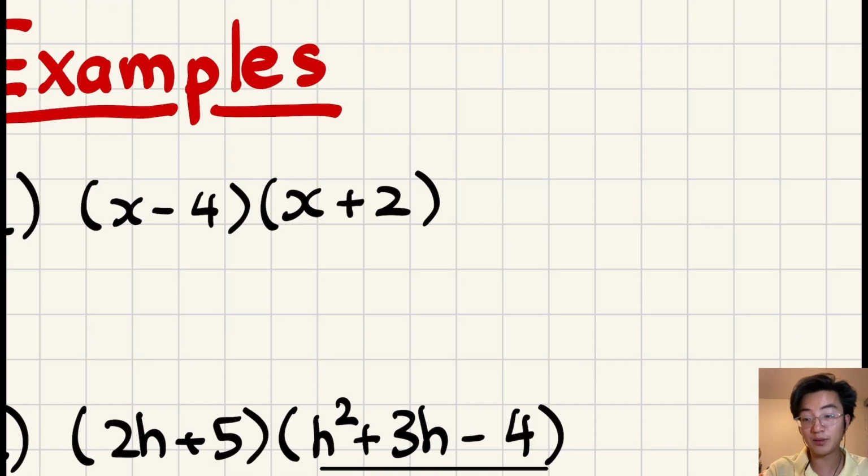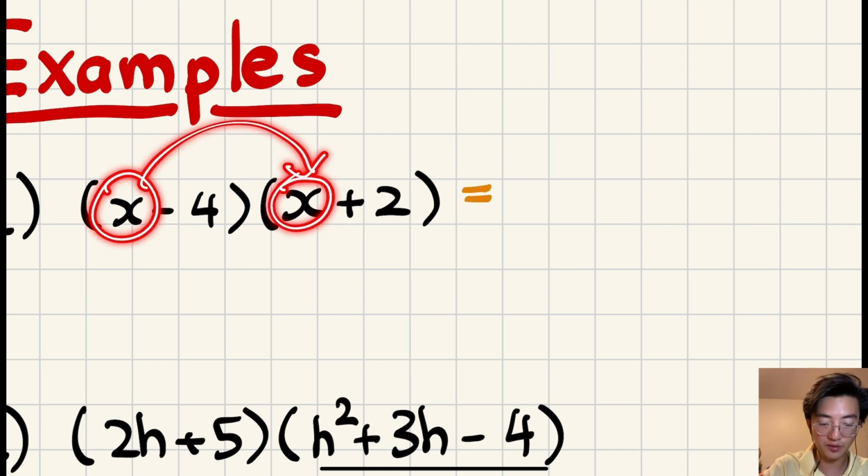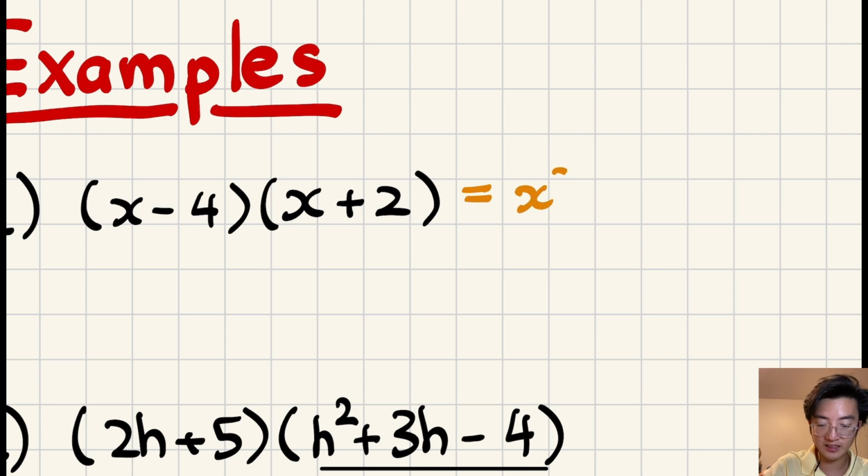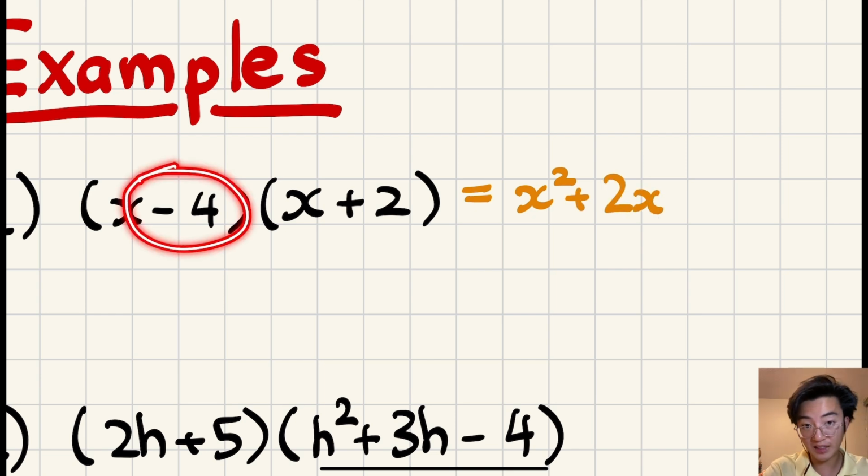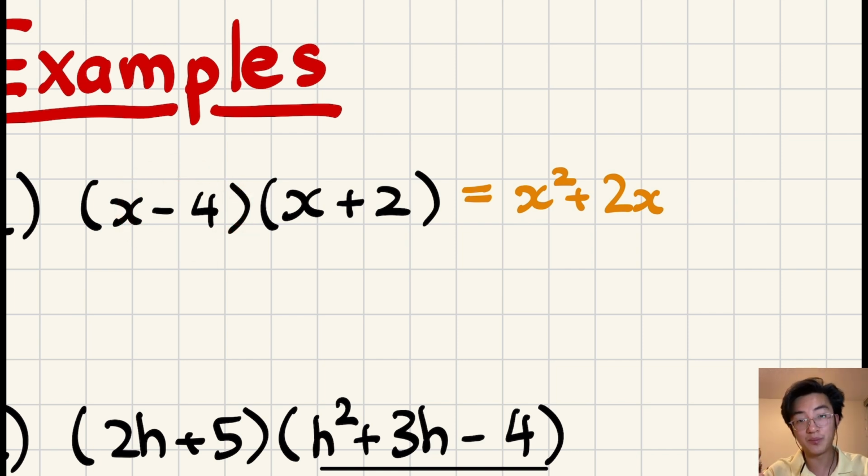With example number 1, we're using the same thing here. We multiply the first term to the first term. So x times x gets us x squared. We multiply the first term to the second term here. So x times 2 is 2x. Gotta be careful here now. The second term here is negative 4. We have a minus 4 in the bracket, which means we're multiplying by negative 4.